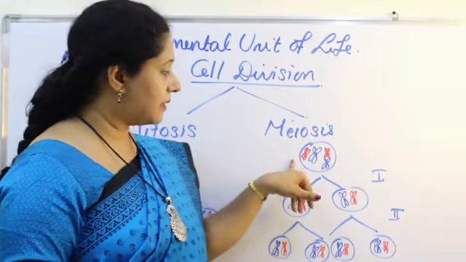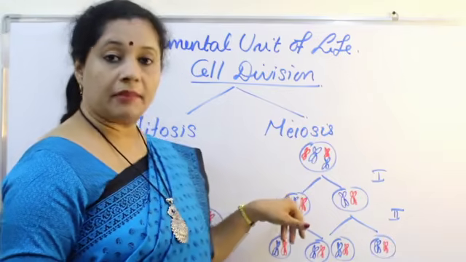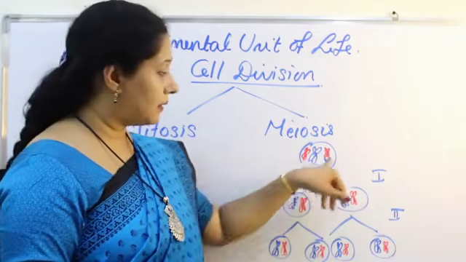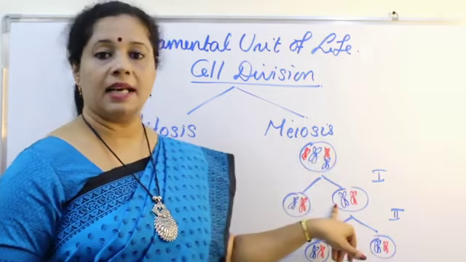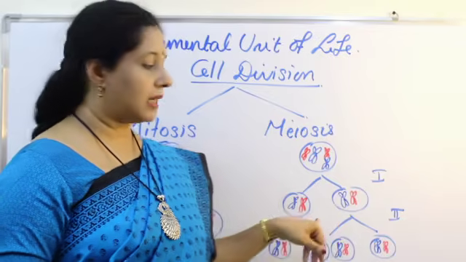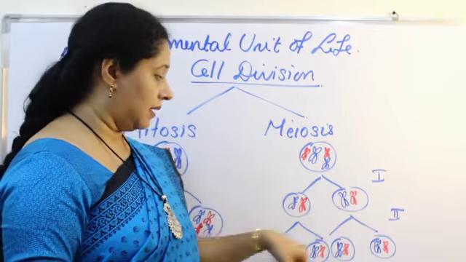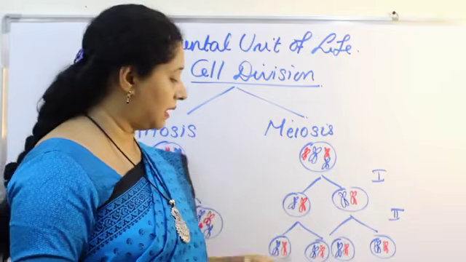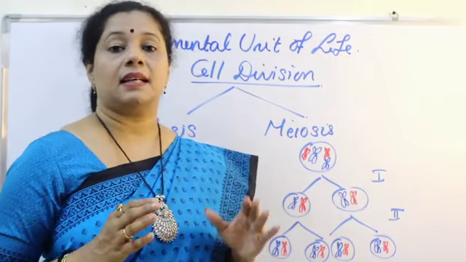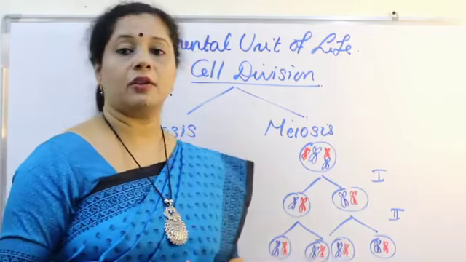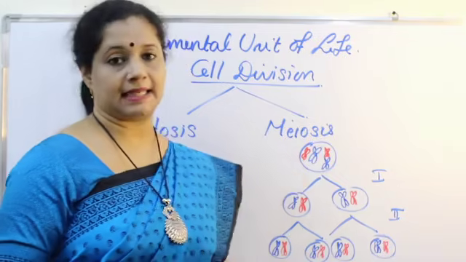That is, in the first step, called meiosis 1, the 2 pairs of chromosomes will become half. That means 1 pair will be in each. Then in the next step, each of the 2 cells will further divide into 2, so that we get 4 daughter cells, and these have half the number of chromosomes of the mother cell.